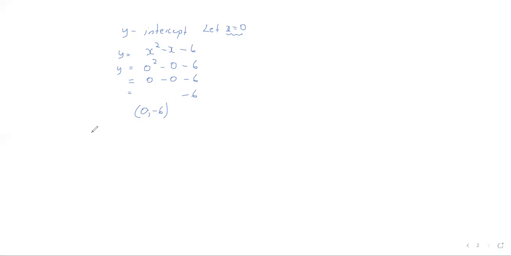Now, the first step is the x-intercept, the next is the axis of symmetry. On the axis of symmetry, we let x is equal to negative b over 2a.